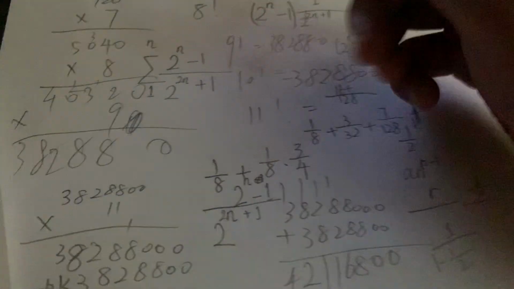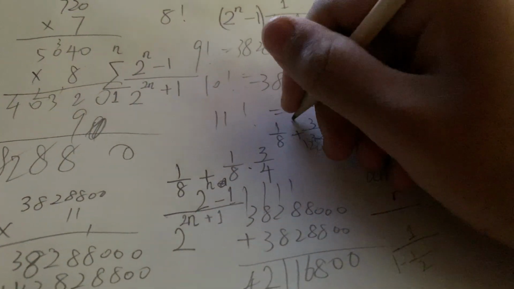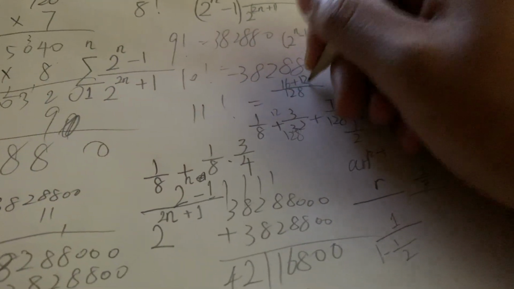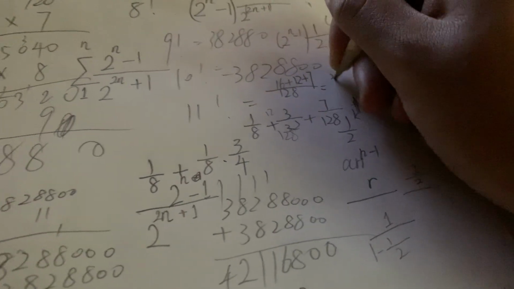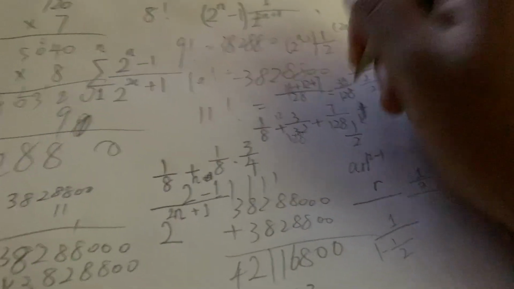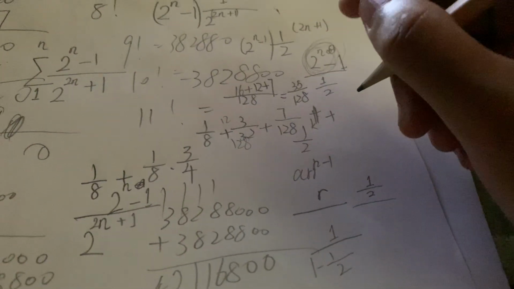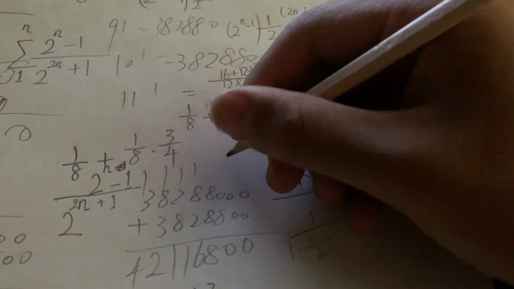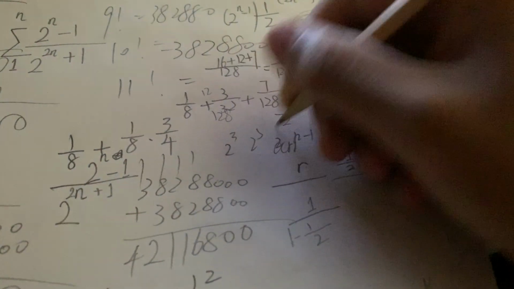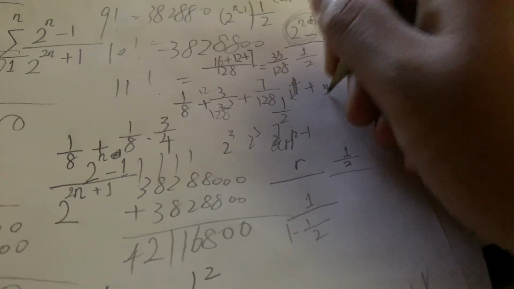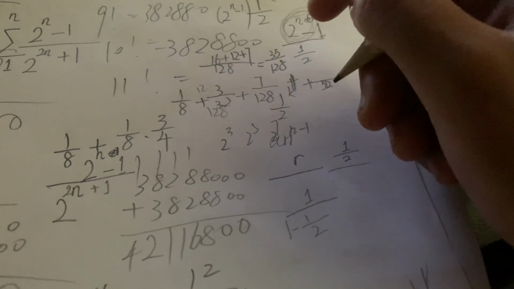Okay, let's continue trying. So it's 4, 12. 16 plus 12 plus 7 is 35. Let's see what it directly converges to. According to the sigma, it's 2, 3, 2, 5, 2, 7, then 2, 9, 5, 1, 2.